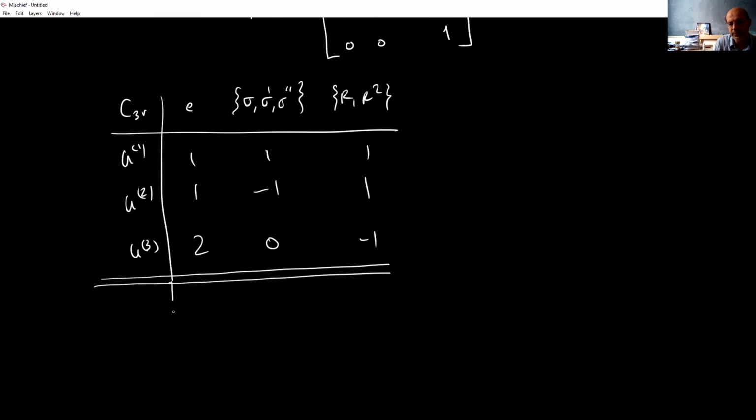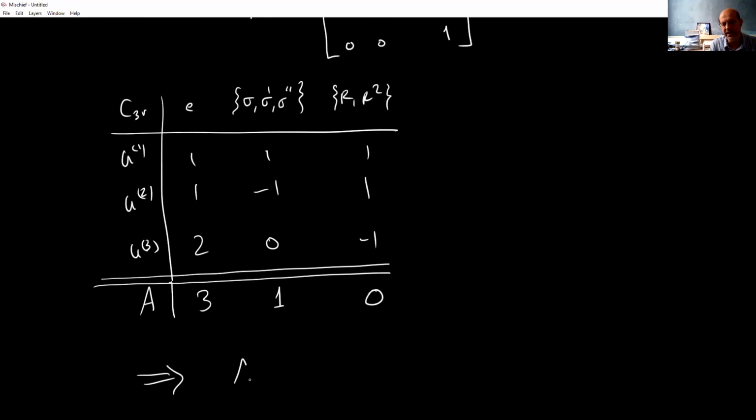What are the characters of my representation? Well, identity has a trace 3. Reflections have a trace 1. The rotations have 0 trace, which means, yeah, you can easily see by inspection that the sum of the first and the last rows gives us the characters in here.